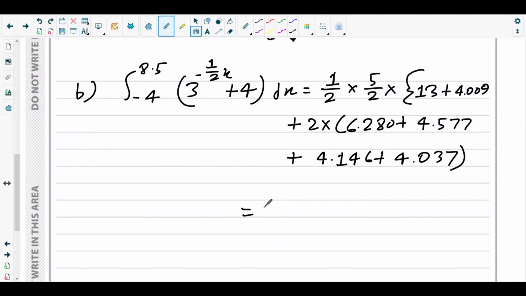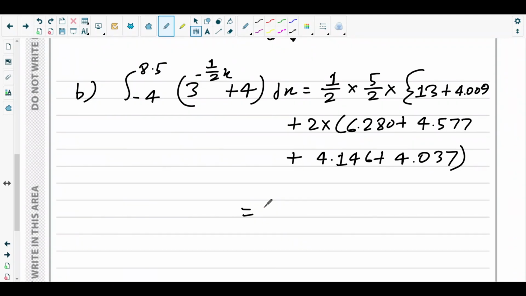Now just find out this value, you will get the value for the integration. 0.5 times 2.5 times, 6.280 plus 4.577 plus 4.146 plus 4.037 times 2, then plus 4.009 plus 13.